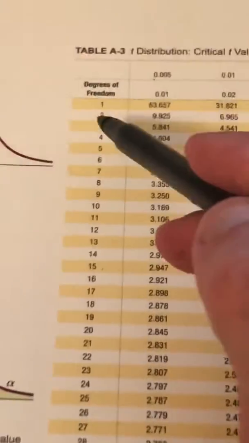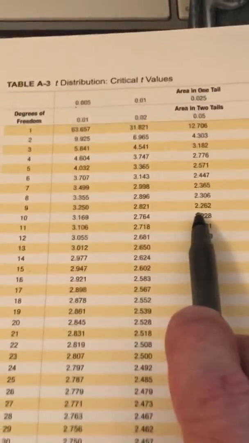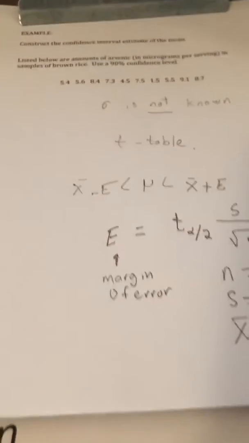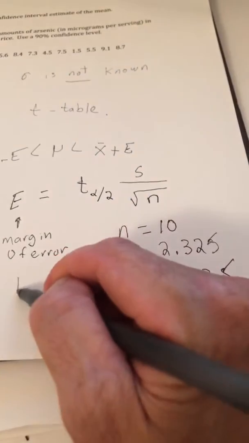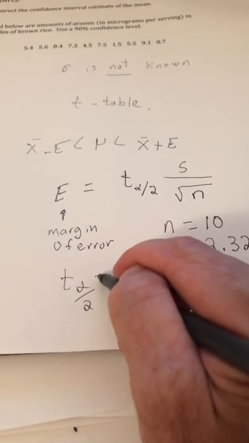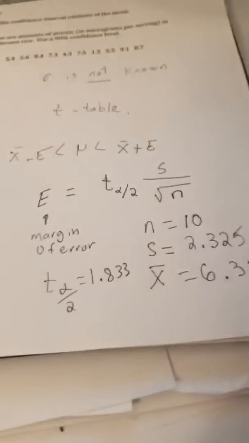Degrees of freedom, that's going to be 1 less than n, so that's going to be 9. So take the 9th row here, go to area in 2 tails, right there. So our critical value is 1.833.